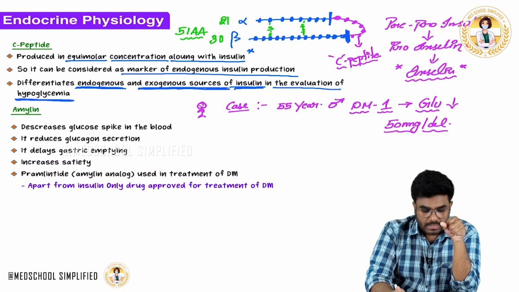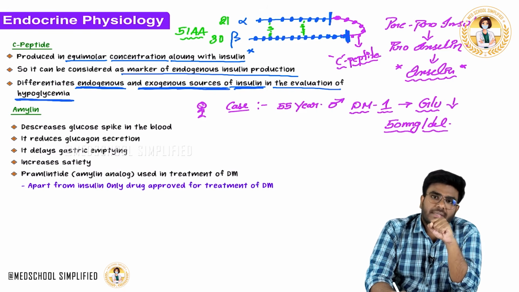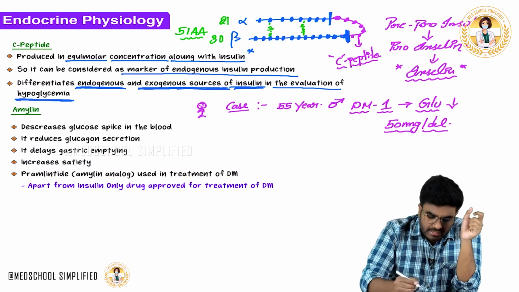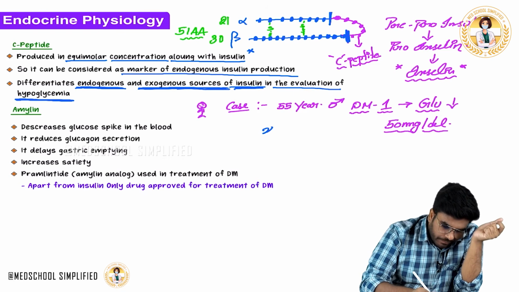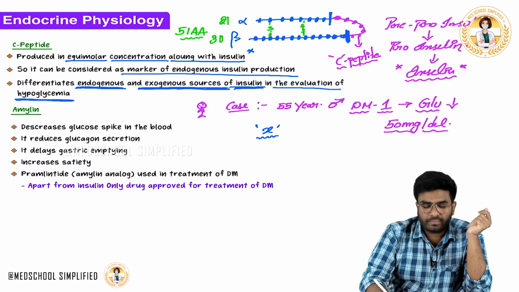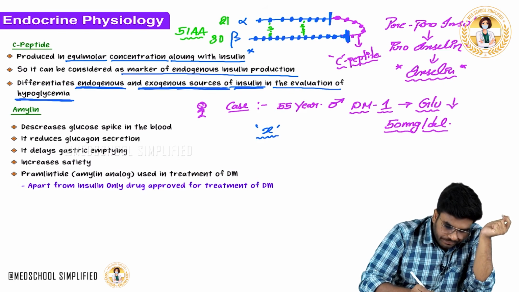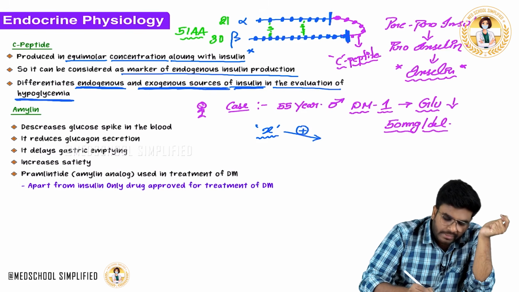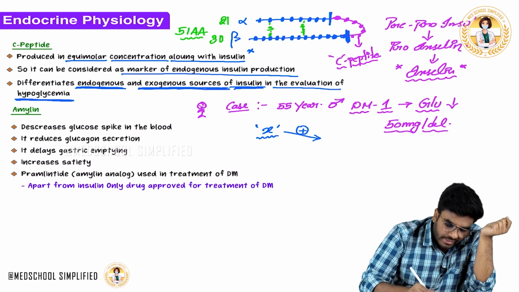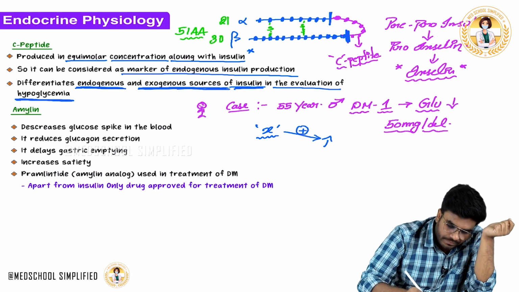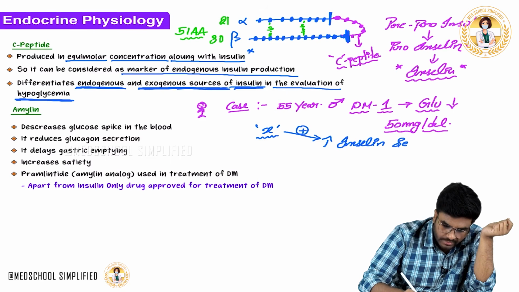There might be one more possibility: he is taking some drug, drug X. This drug X is stimulating the release of insulin, so it is increasing insulin secretion.